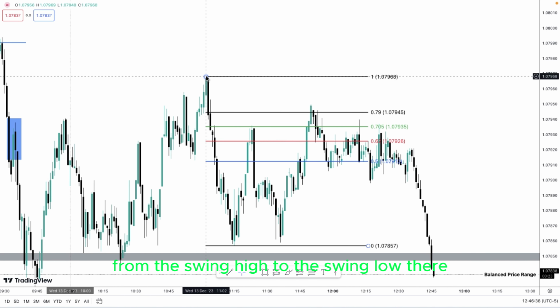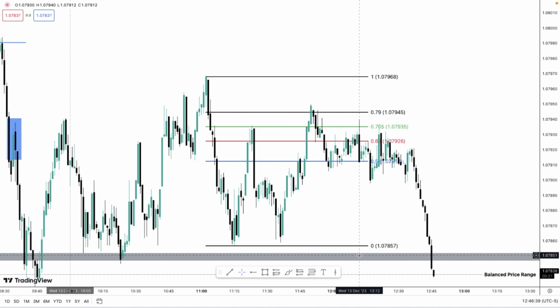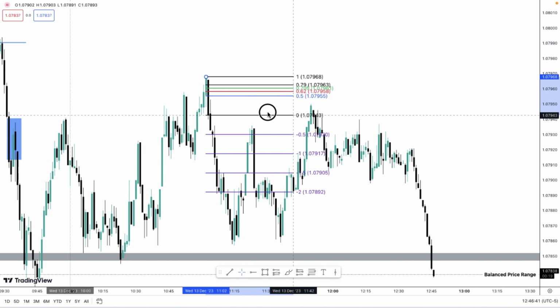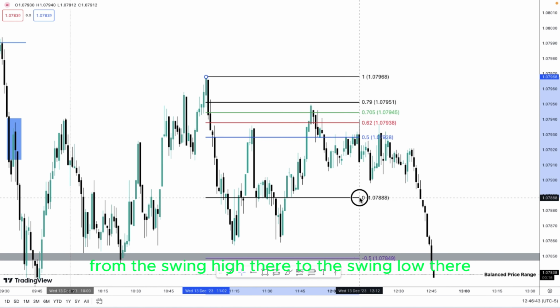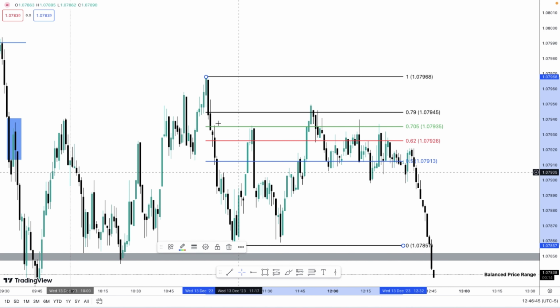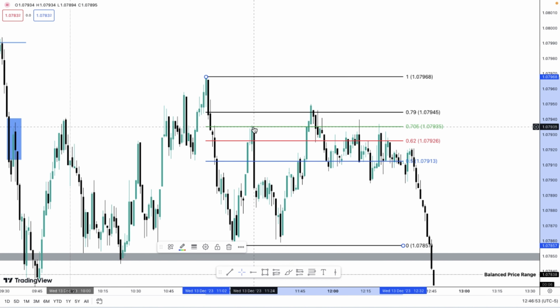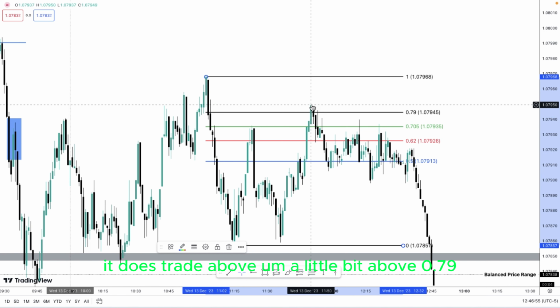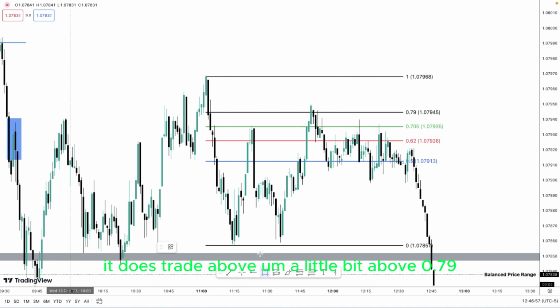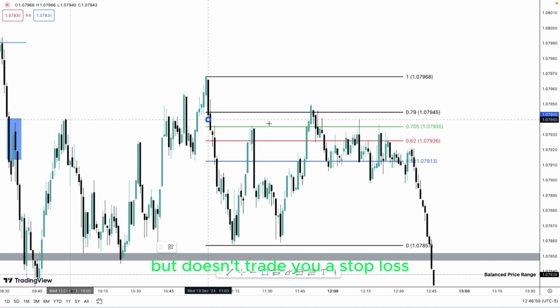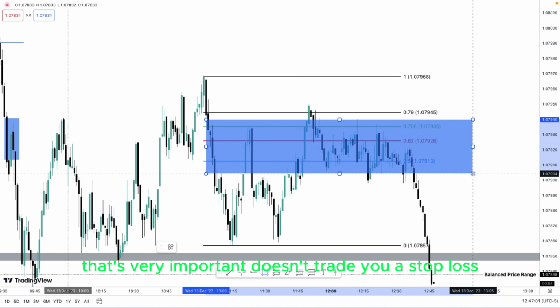From the swing high to the swing low there, can you see this? Price trades to where? 70. You can sell that. It does trade a little bit above 79, but it doesn't trade to your stop loss. That's very important.